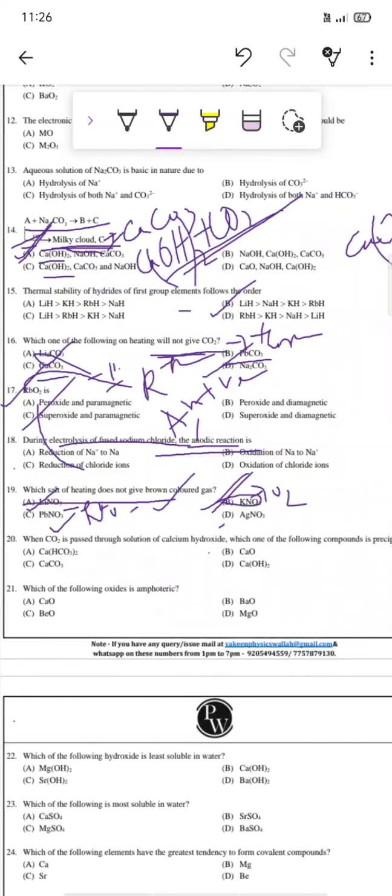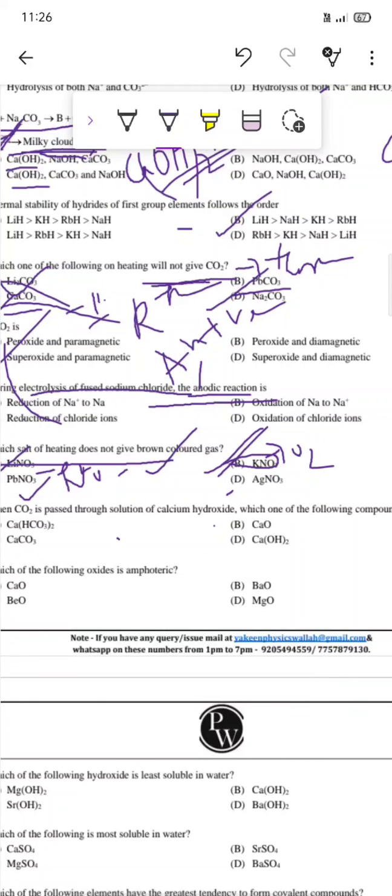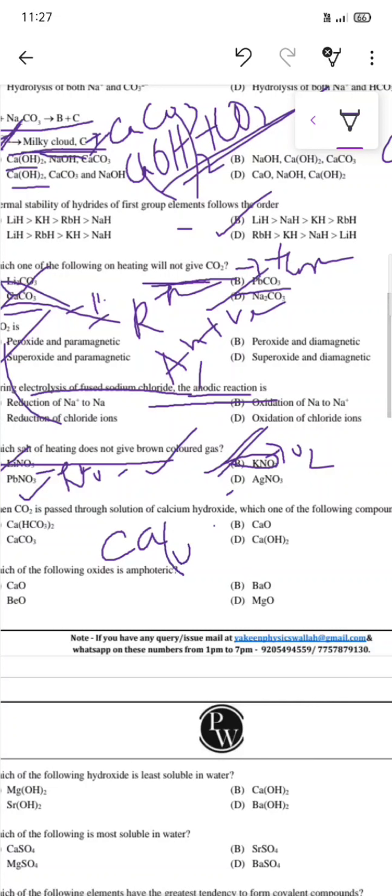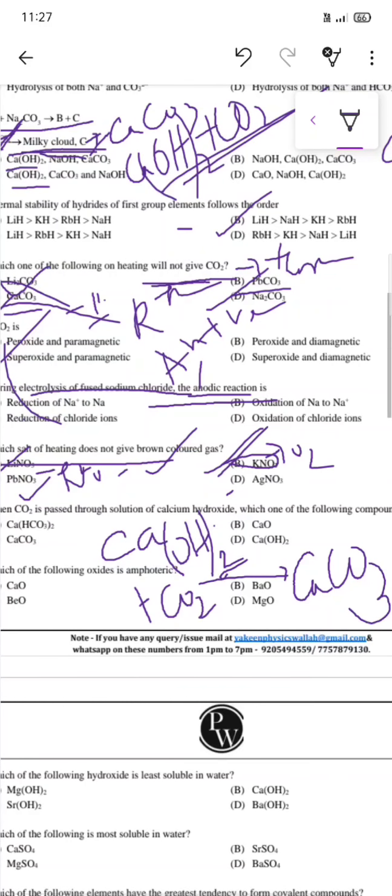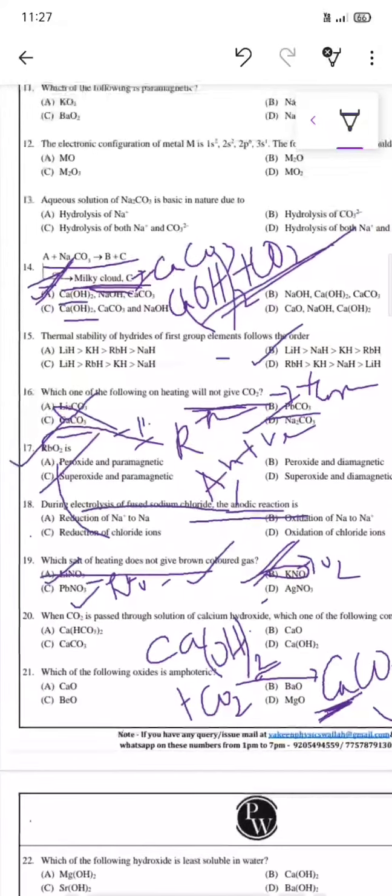When carbon dioxide is passed through a solution of calcium hydroxide, Ca(OH)2 plus carbon dioxide gives calcium carbonate, CaCO3.